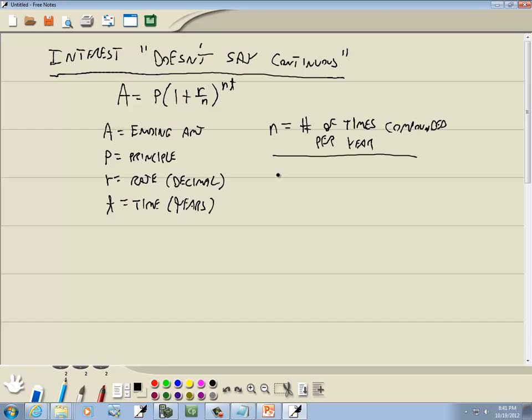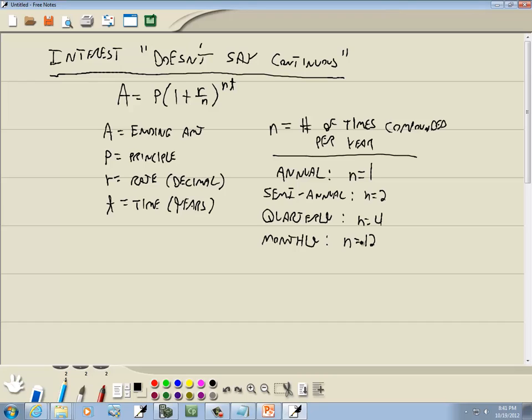Now, they never give you the n directly. They give it to you indirectly. They'll tell you it's compounded annually. In that case, n is equal to 1. They'll tell you it's semi-annual: n is equal to 2. Quarterly: n is equal to 4. Monthly: n is equal to 12.